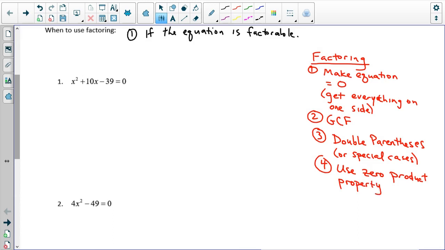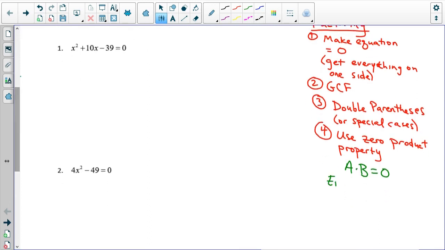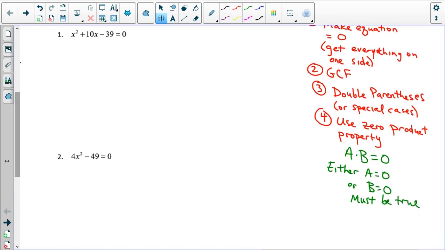What the zero product property is: when you have two numbers that multiply together to equal 0, that means that either A equals 0 or B equals 0 must be true, where the two numbers are A and B. So one of those two things has to be true in order for the zero product property to even make any sense.